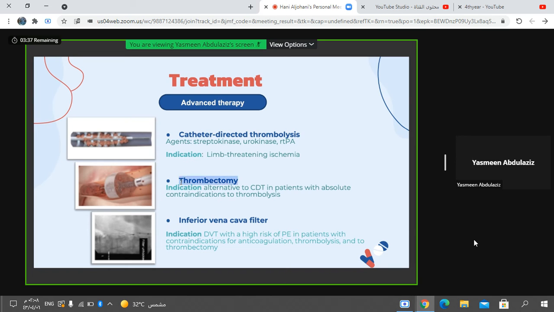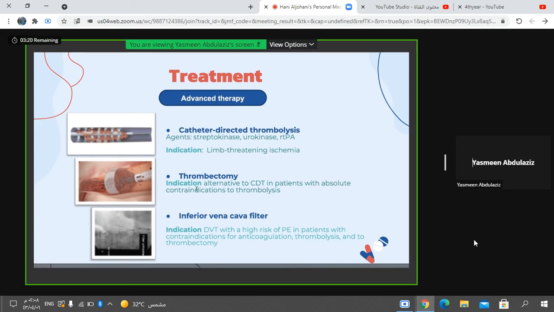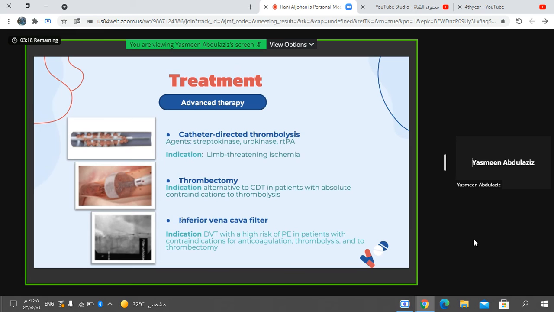Another option is thrombectomy. It's indicated as an alternative to catheter-directed thrombolysis for patients with high risk of bleeding. Basically it's an insertion of a catheter with a bag, which will take off the thrombus directly. Another option, or preventive method we can say, is the inferior vena cava filter, which is a filter inserted in the inferior vena cava.